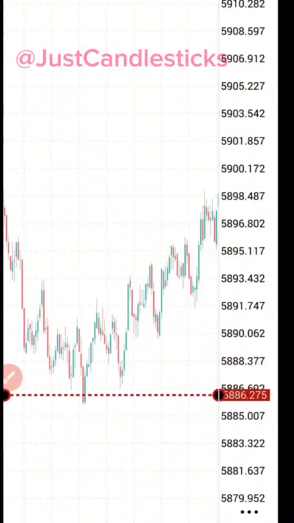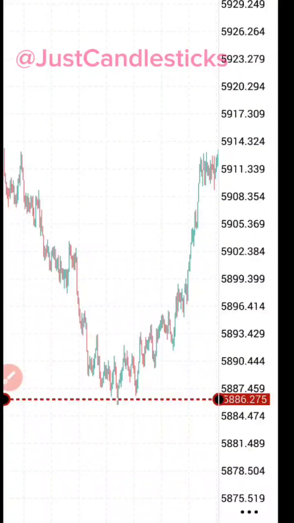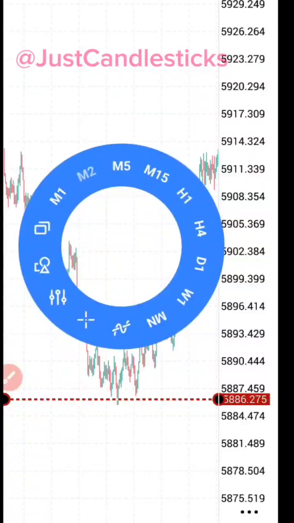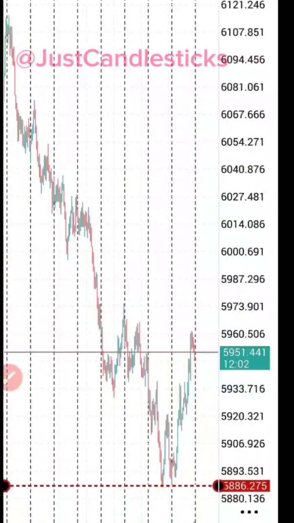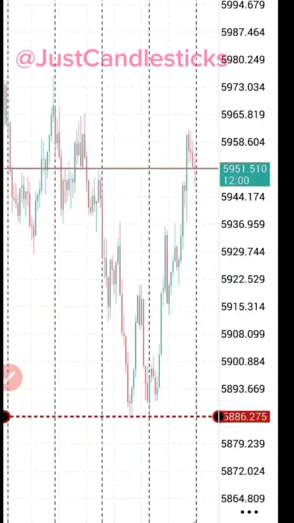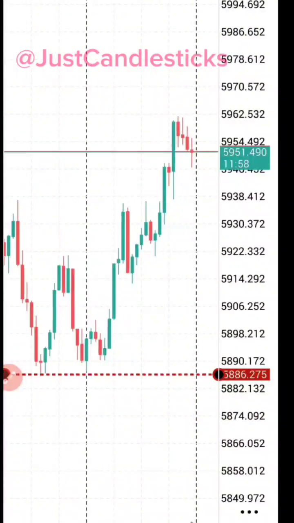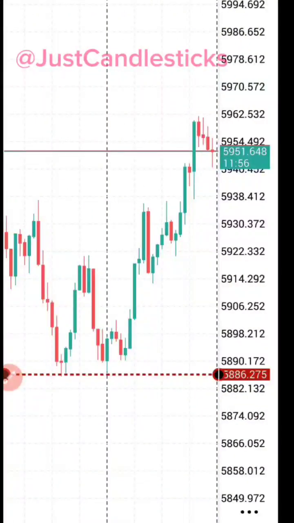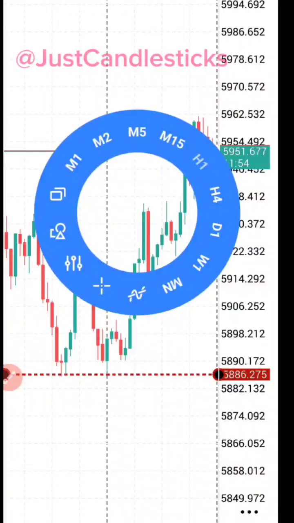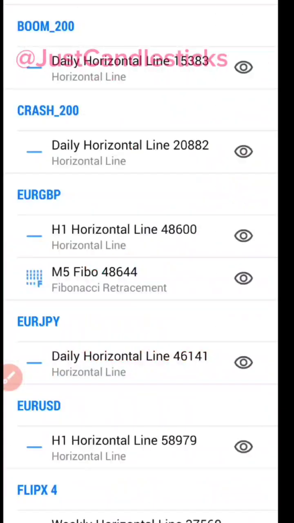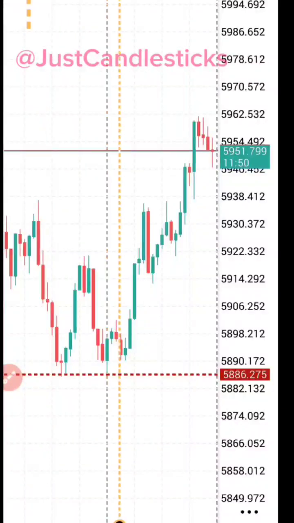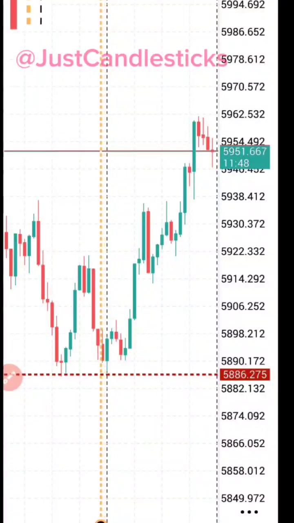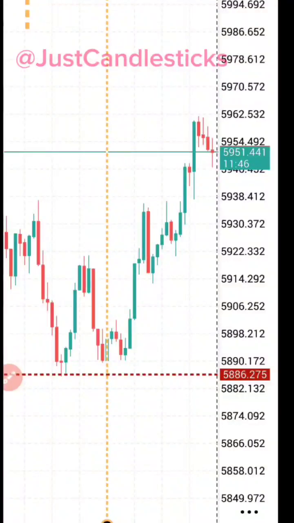Now you see, I think I need to put a line there so that you know where it is. Let's go back again. I'll put a vertical line so that you can see it.